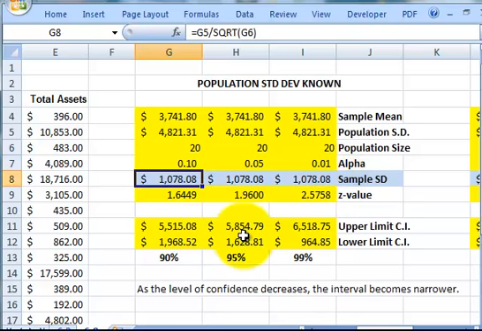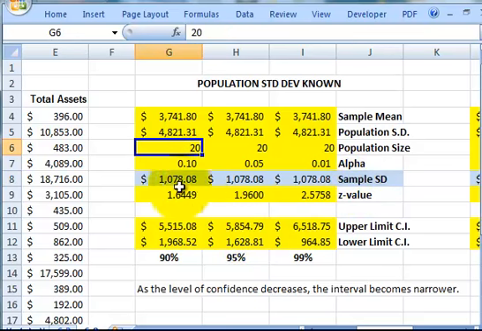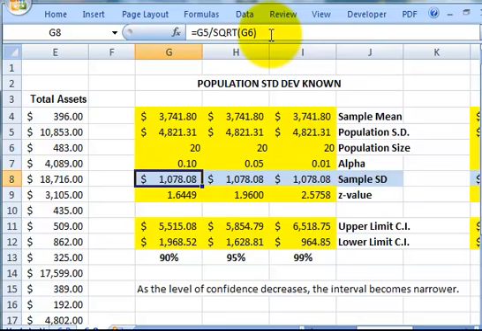Now, here's our standard error for the sample. Because we've taken a sample of 20, we remember our formula: we take the standard deviation we calculated from the population and divide it by the square root of the sample size. Remember what happens when we're talking about a sample mean.